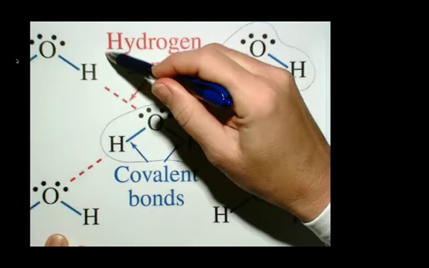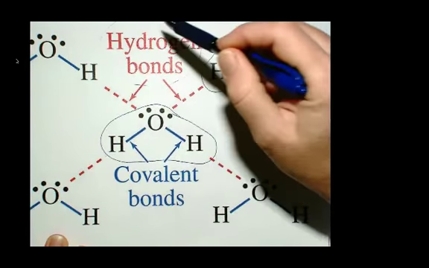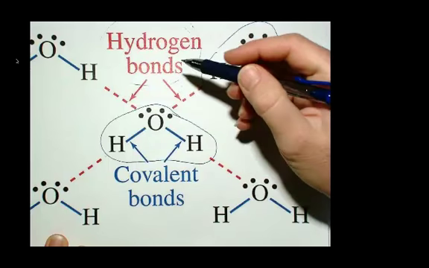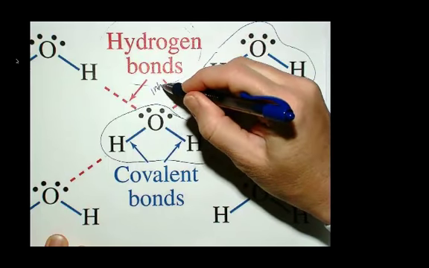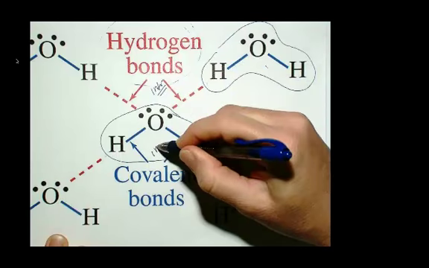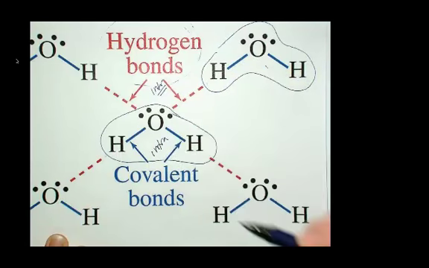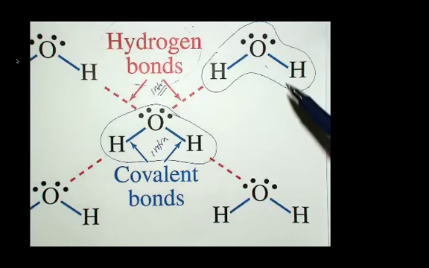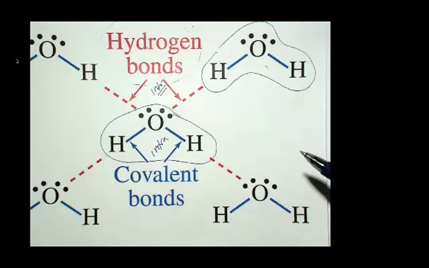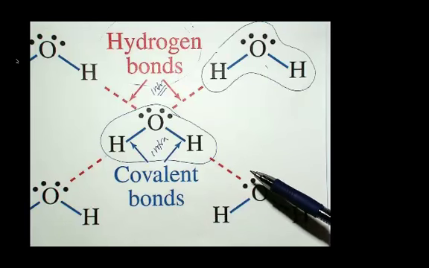Even though this is using the word bond, this is what we would consider an intermolecular force, and this is intra. So we need to make sure that whenever we look at a situation where we have molecules in a condensed phase, we can distinguish between intra and intermolecular forces, right?